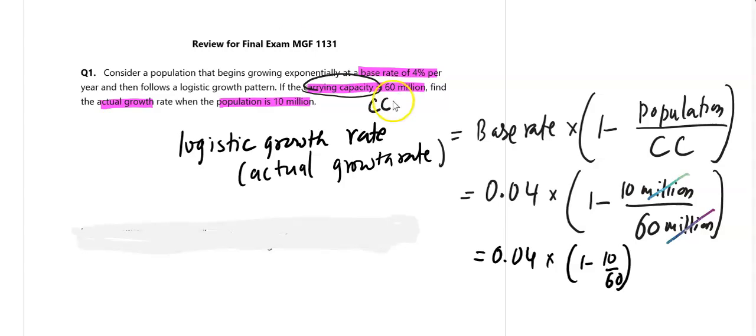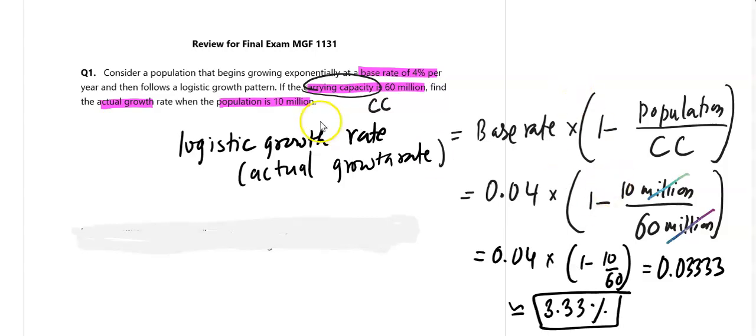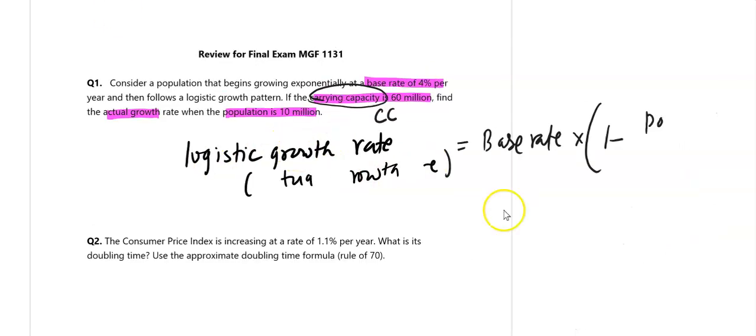If you use the calculator to simplify this expression, you get the growth rate, which is going to be 0.03333, which is similar to 3.33%. That's the actual growth rate, which is also called logistic growth rate.